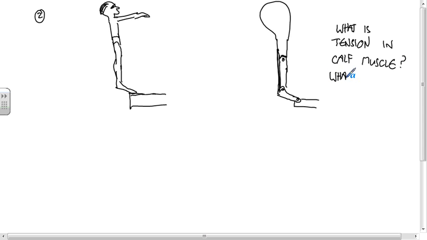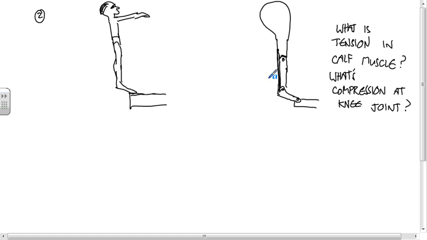Or you could calculate what's the compression at the knee joint or at the ankle joint.